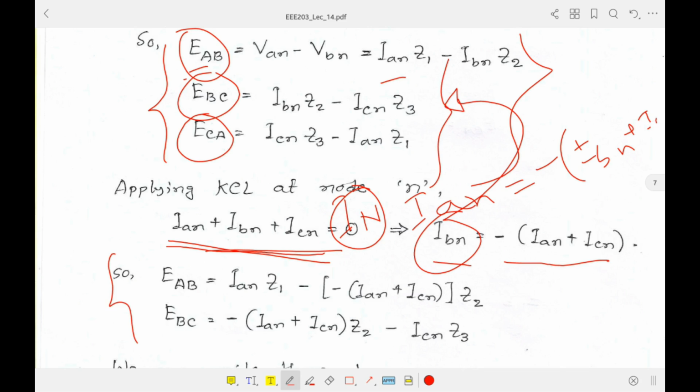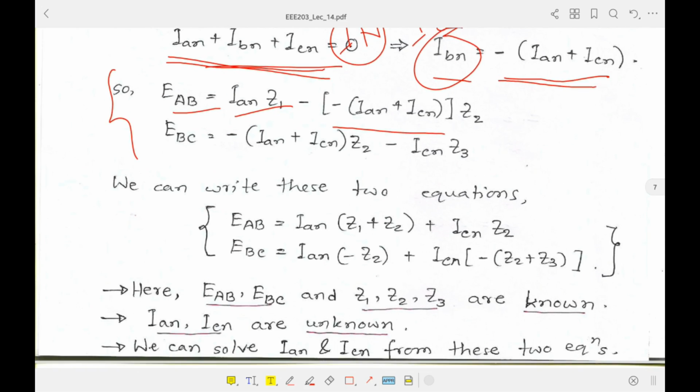Now if you notice EAB, this was previously IAN Z1 minus IBN Z2, and IBN is now replaced by minus IAN plus ICN. Then if you further simplify it, this equation is simplified to here.